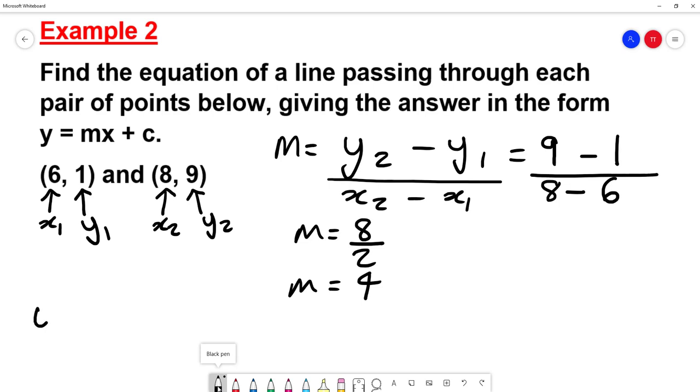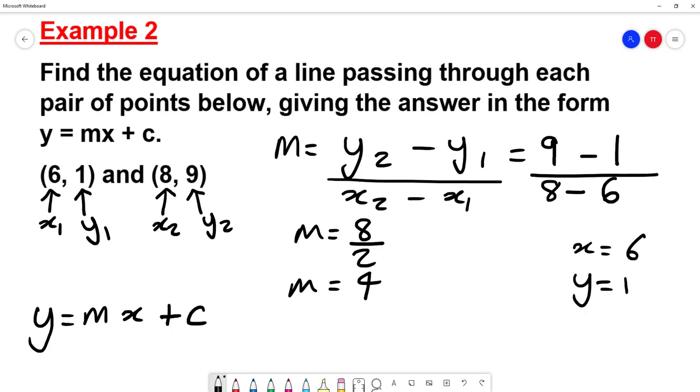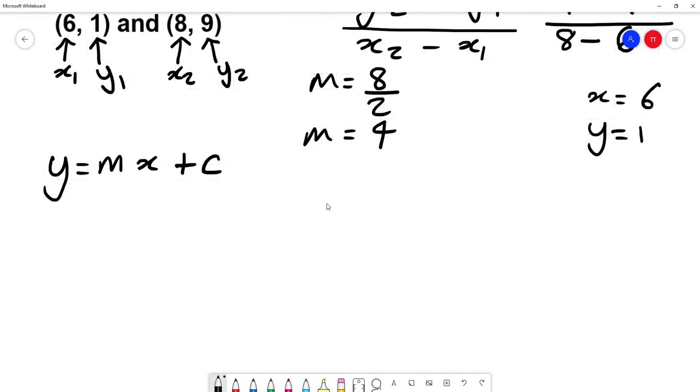So now we're going to use y equals mx plus c. Remember, we always need to work out what c is. So we need to choose a coordinate. I'm going to choose the first coordinate again. If you want to, you can choose the second coordinate. You'll get the same result. So x equals 6 and y equals 1. We substitute that into our equation of the line.